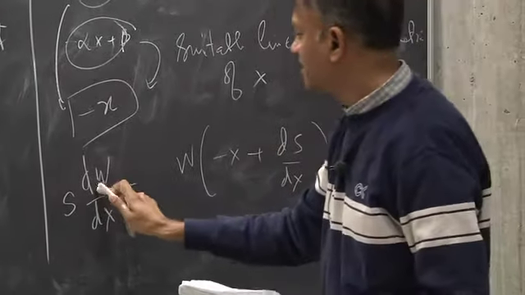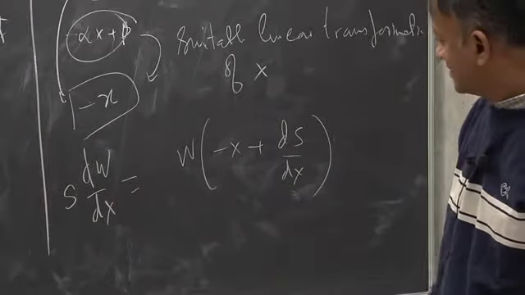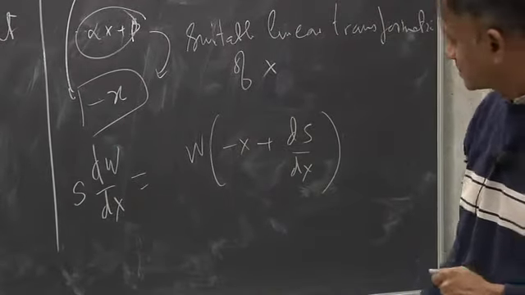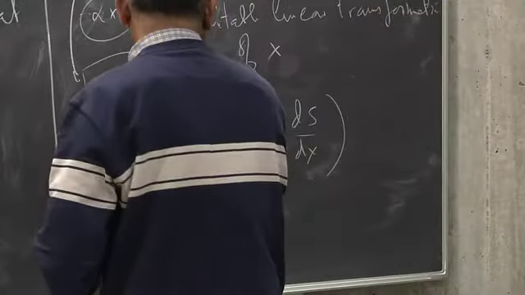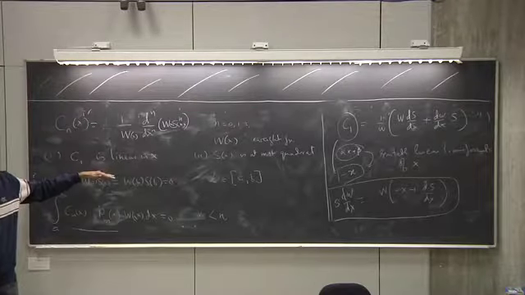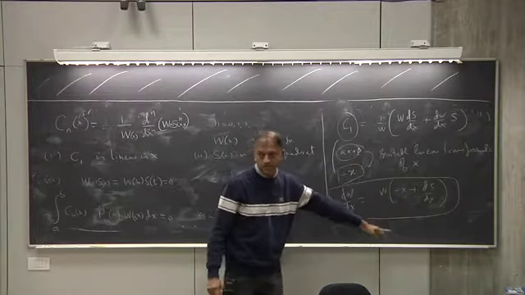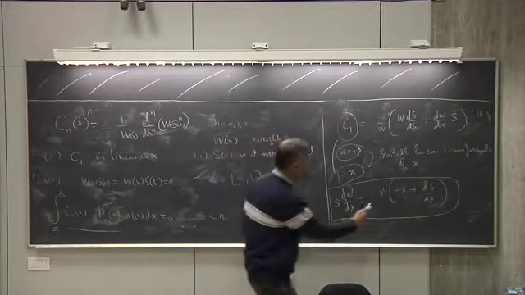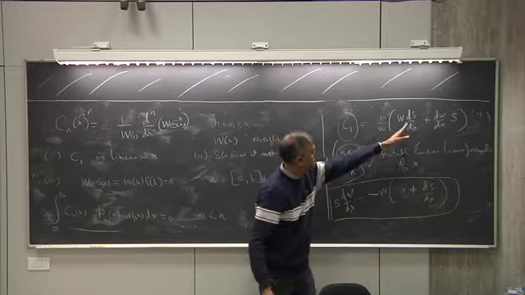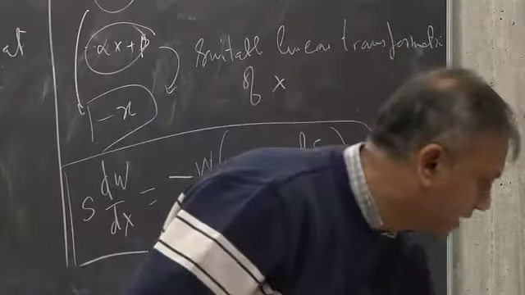This is an important equation for w, so we'll start from here. I have just implemented the first condition, that C1 is linear, and by a suitable linear transformation, I can always bring it to this form. Sorry, this is minus x, because I had to take this to the other side.